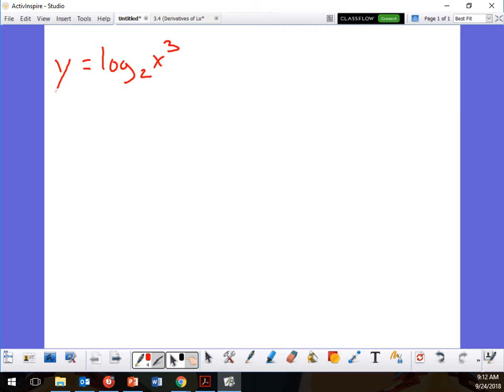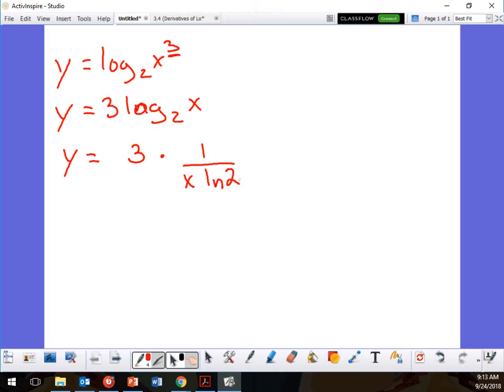Since my exponent is on the x, it can go out front. That would be 3 log base 2 of x. So y equals 3 times 1 over x ln of 2, which gives me 3 over x ln 2. Yeah, I messed up on that other one.